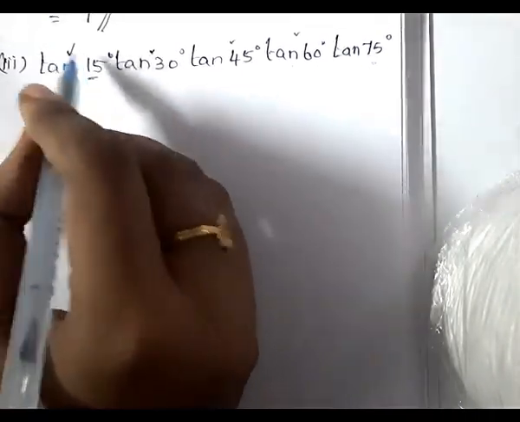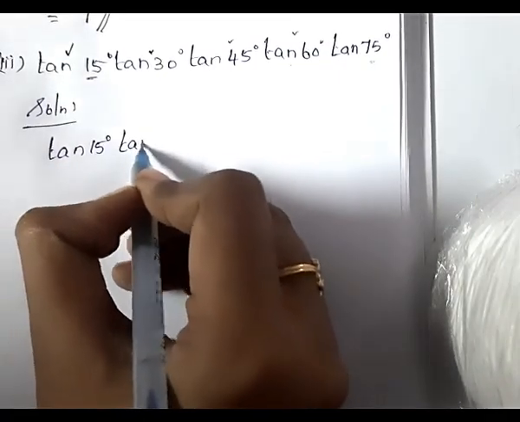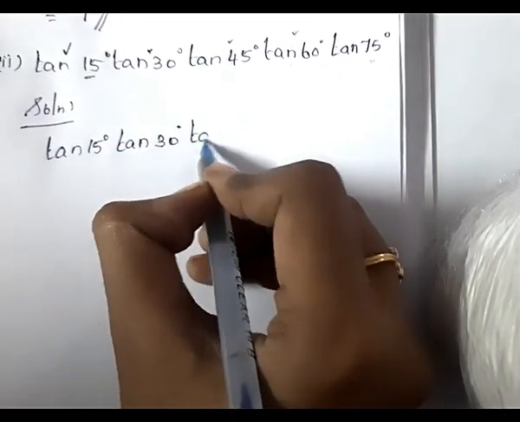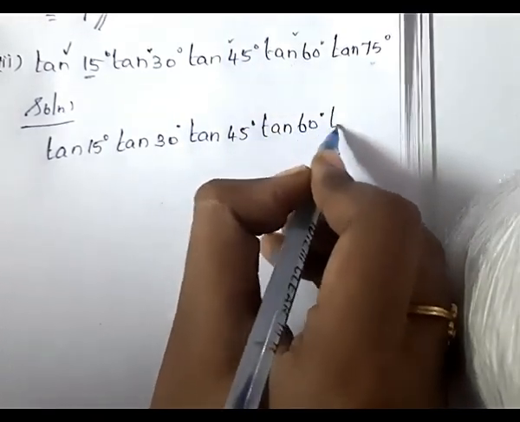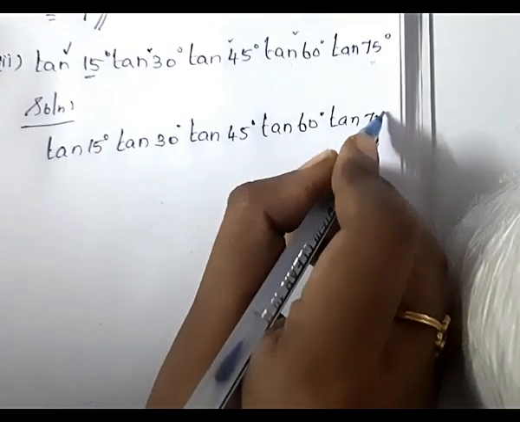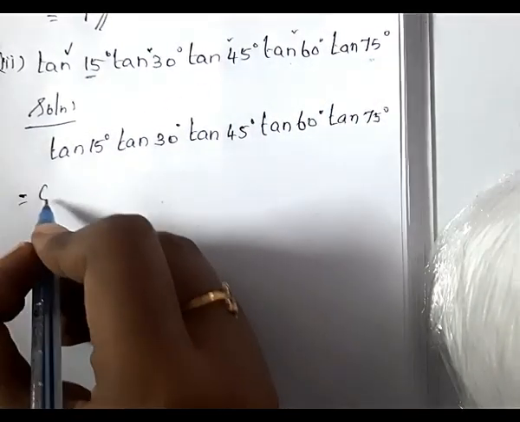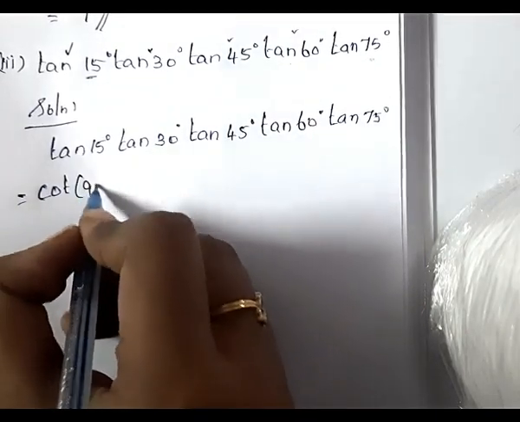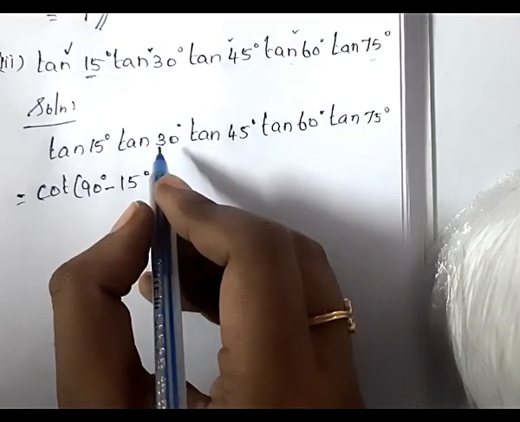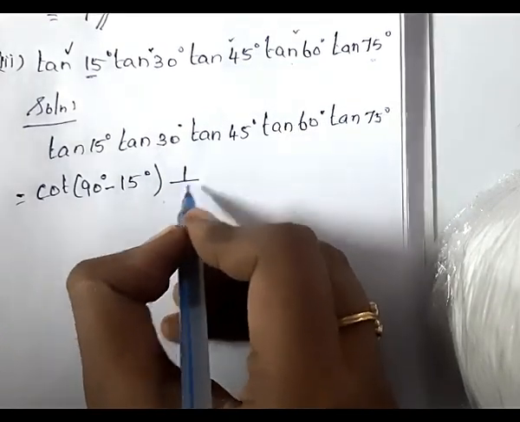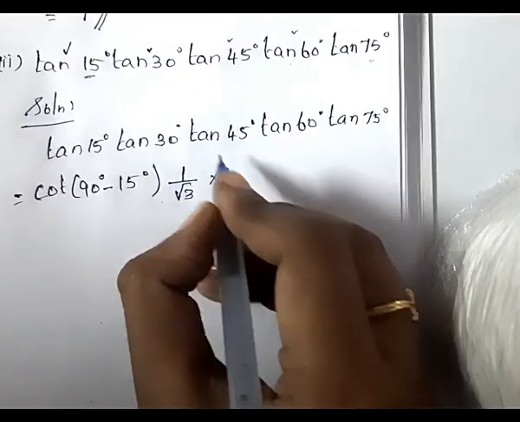Solution. After solution, just write the question. Tan 15 degree into tan 30 degree into tan 45 degree into tan 60 degree into tan 75 degree. So tan 15 degree formula is cot (90 minus 15). Then tan 30 degree value is 1 by root 3. Tan 45 degree value is 1.